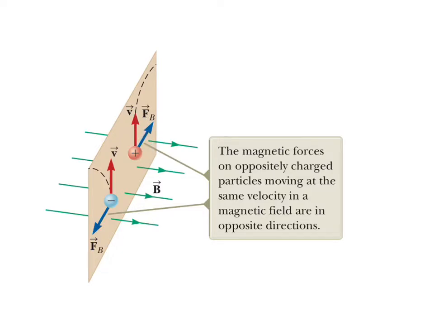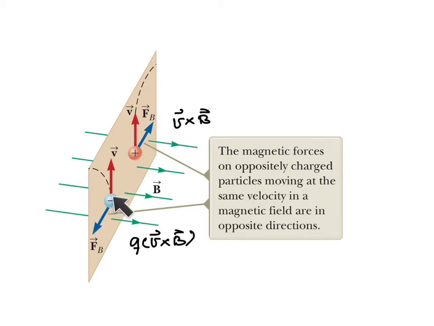From the right hand rule, v cross B will point perpendicular to both v and B. If you point your forefinger in this direction and the magnetic field points out of your palm, your thumb will point in this direction, and this is the direction of v cross B. If this charge is positive, q v cross B, which is F_B, will point in the same direction as v cross B. But if the charge is negative, q v cross B will point in the opposite direction of v cross B, right?